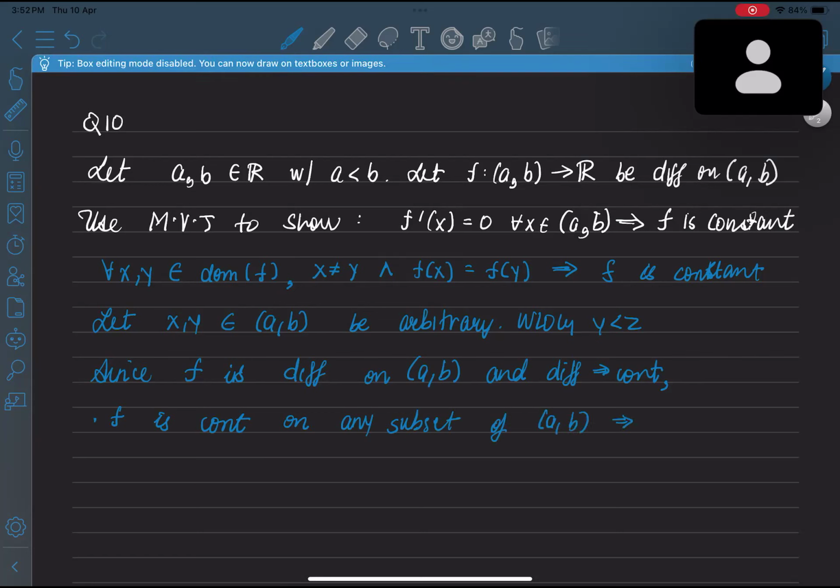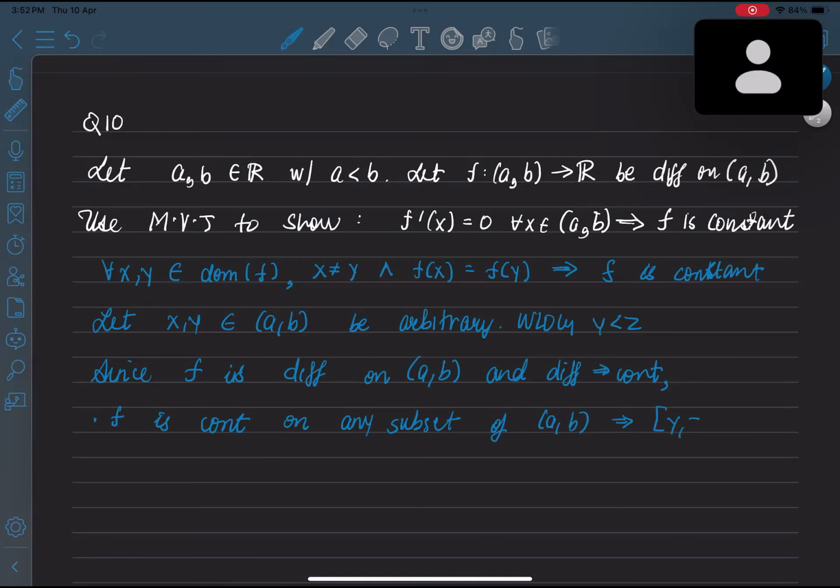So let's say the subset is [y, z]. And obviously, since [y, z] is a subset of (a, b), f is differentiable on (y, z) too.